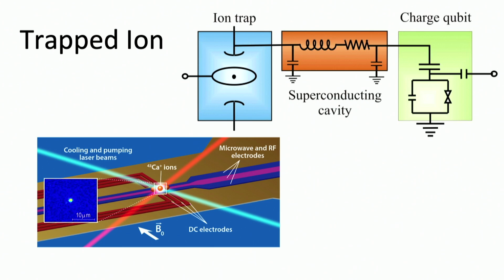Amazing. This is one of the oldest ways, and when I say old, I'm going back 40 years, of building a quantum computer, and companies such as IonQ and others are now trying to build scaled quantum computers using the trapped ion approach. The advantage here is that this is a well understood technology, and they're hoping to go beyond the 70, 80 qubits that they have today to thousands of qubits.